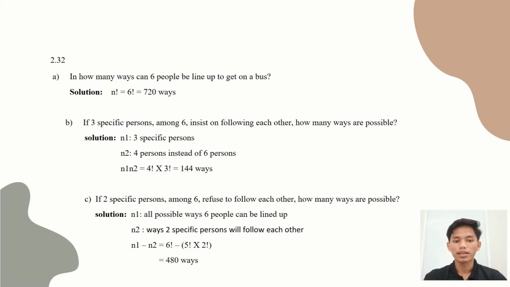We know that 6 factorial is all possible ways 6 people line up, and 5 factorial multiplied by 2 factorial are the ways 2 specific persons will follow each other. Hence, 6 factorial minus in brackets 5 factorial multiplied by 2 factorial, we get 480 ways.